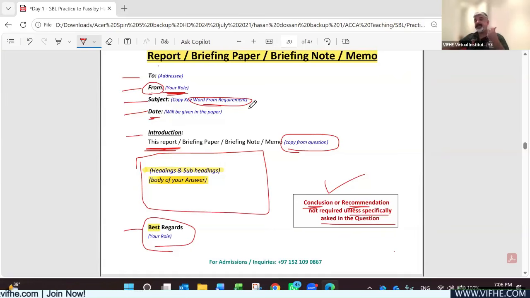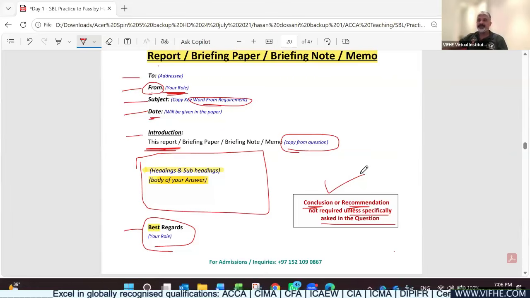If the examiner clearly says, prepare a report, blah, blah, blah, and give your recommendation or conclusion, then of course you have to give the conclusion or recommendation. But otherwise, if the question is silent, then we will avoid conclusion. We will not give it voluntarily.